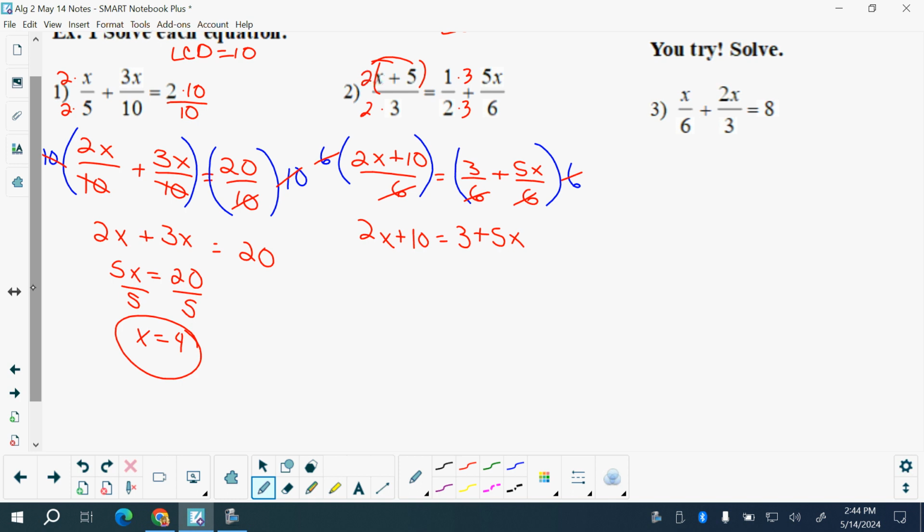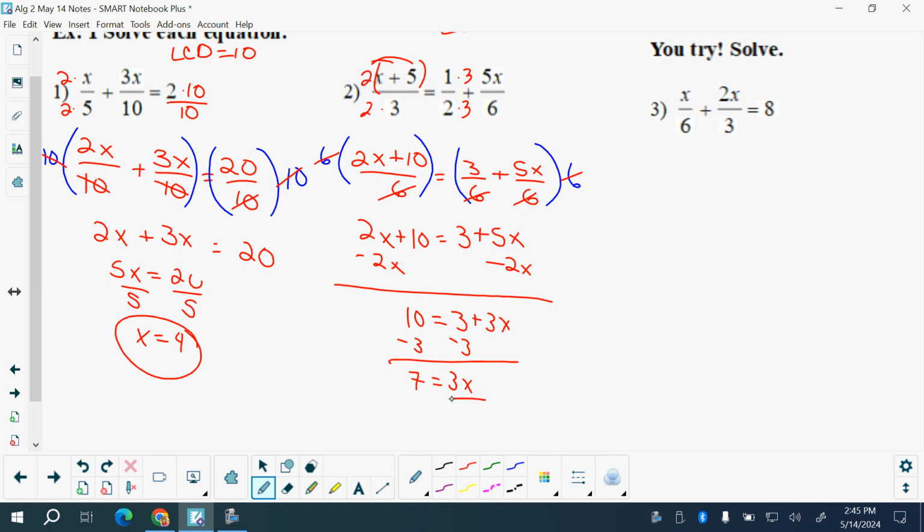So I'm going to subtract the 2x, just because if I do that, then I avoid getting a negative coefficient, a negative in the front. It doesn't matter. You could have subtracted 5x from both sides. So these cancel, and we get 10 is 3 plus 3x. Minus 3. 7 equals 3x, and divide by 3.